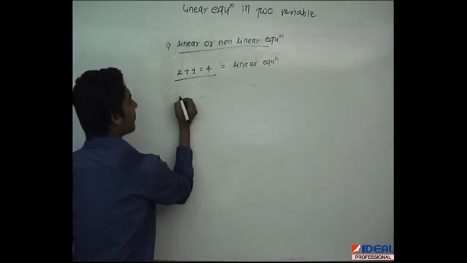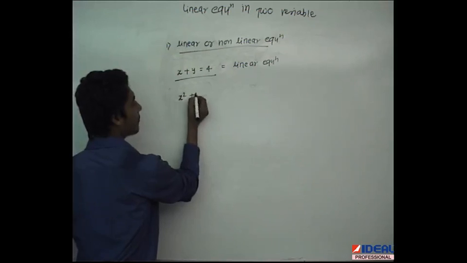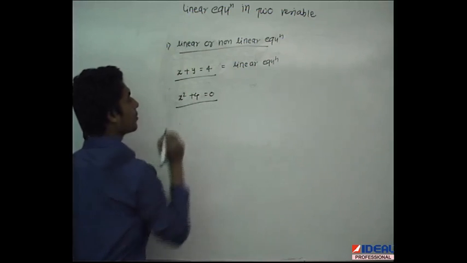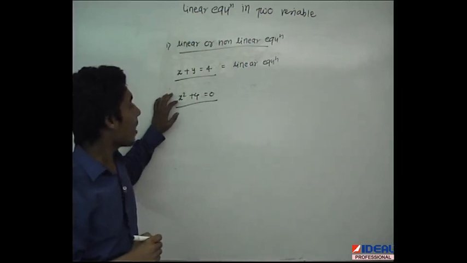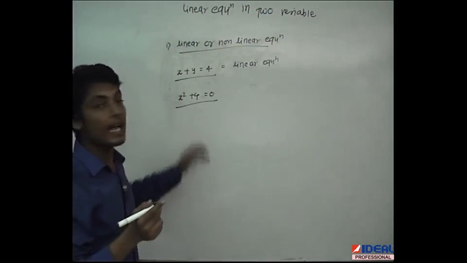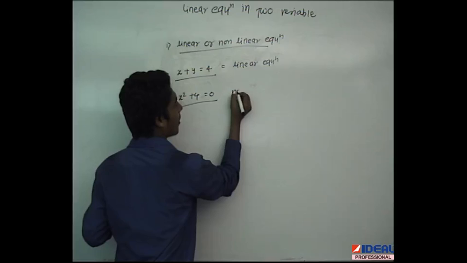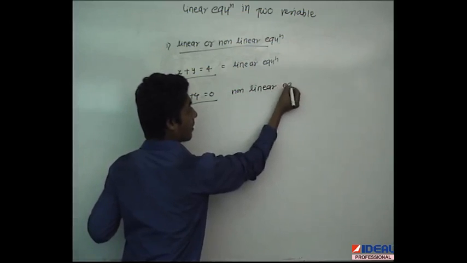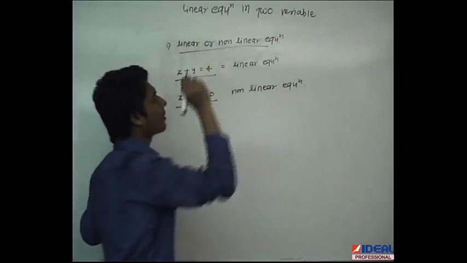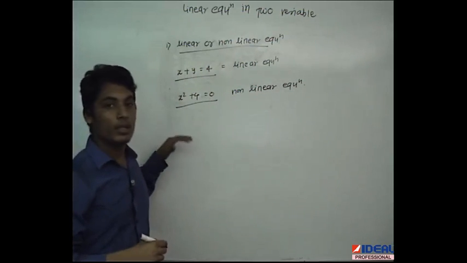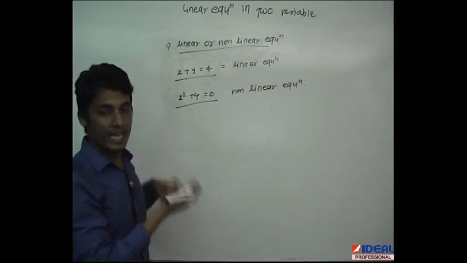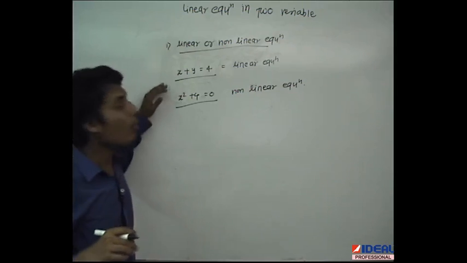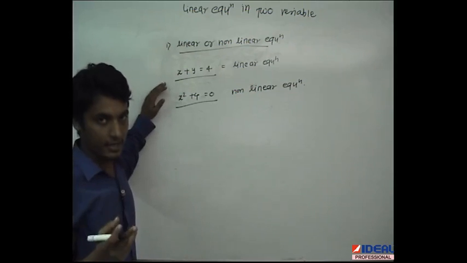And suppose x square plus 4 is equal to 0. The variable has a power other than 1, so we call it a non-linear equation. So this is some basic part. Now we'll start linear equation.